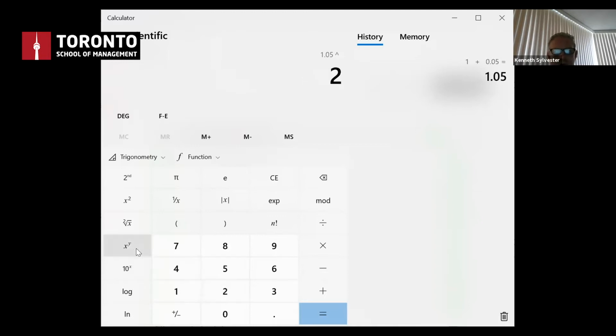Then I enter 2, and you see that it's raised to the power of 2, and that gives me 1.1025. Then I multiply that by 100, and that gives me $110.25.